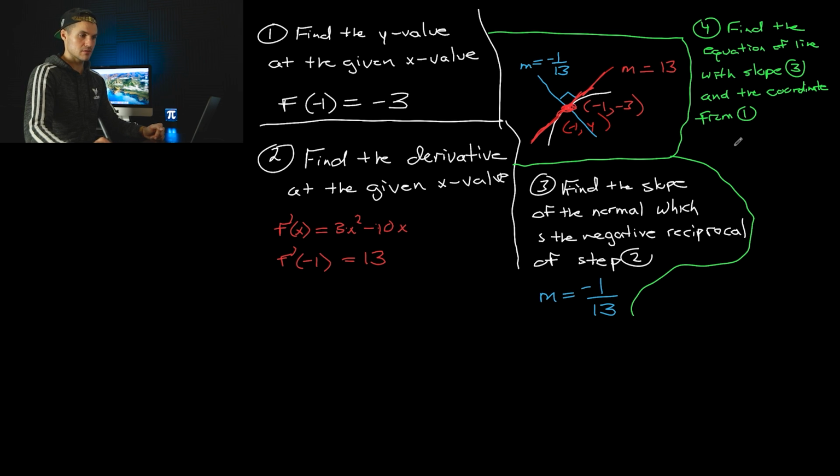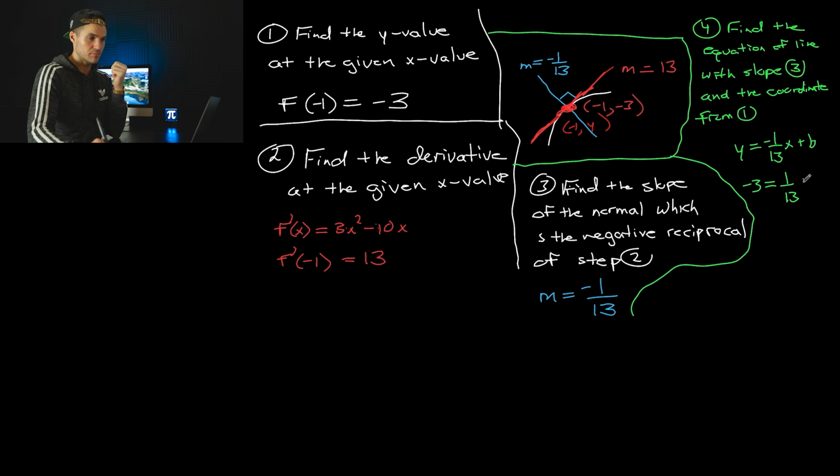Okay, and so here this would be negative 1 over 13 x plus b. And then we plug in that y value of negative 3, and that x value of negative 1. Negative 1 times negative 1 would give us positive 1 over 13 plus b. Bring this over. This would be negative 39 over 13. So the b value would be negative 40 over 13, I believe.